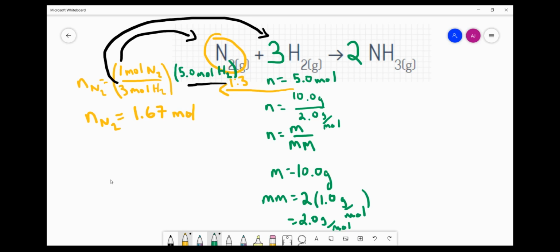Now the question asked me to find mass. So we know mass and moles are related by this equation. So let's rearrange it and solve for mass. Specifically, mass is equal to moles multiplied by molar mass.